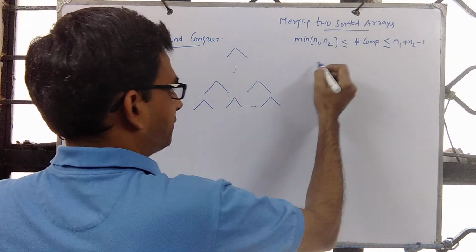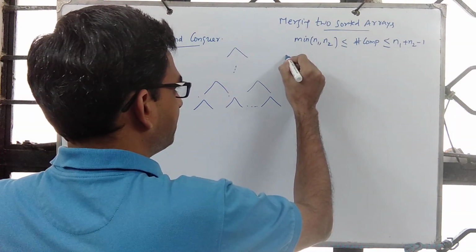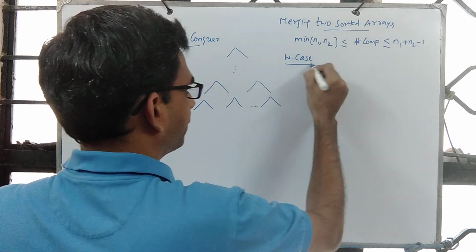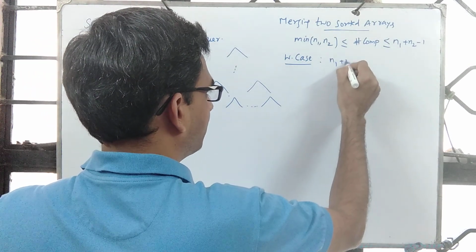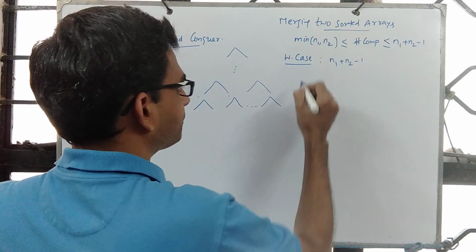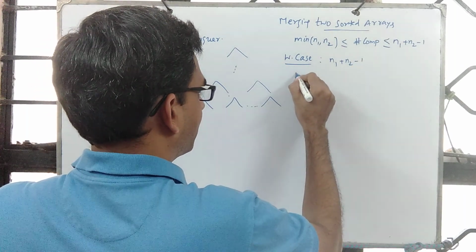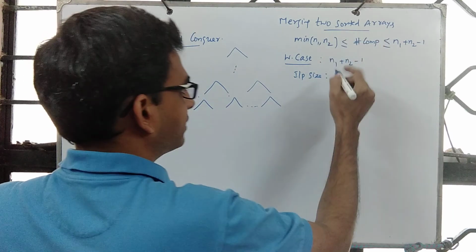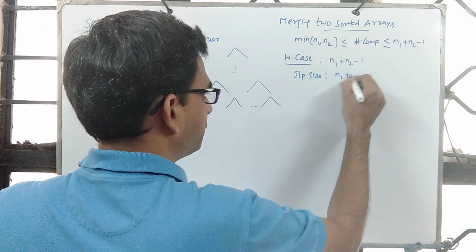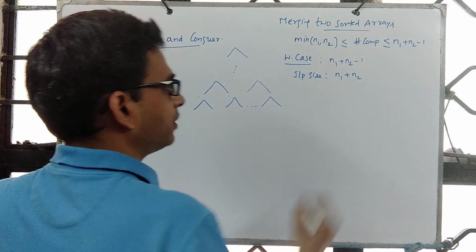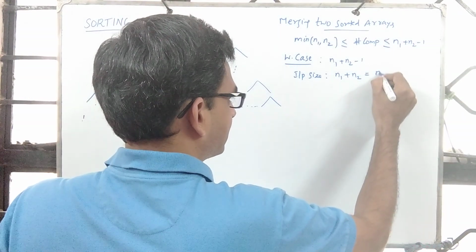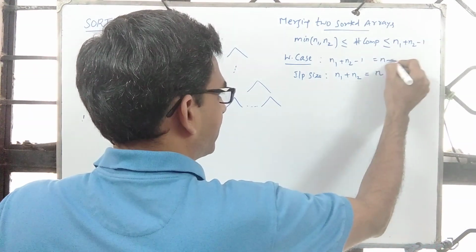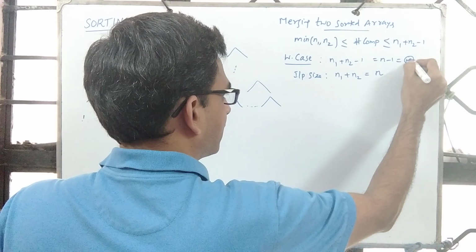One can look at it this way. The worst case analysis is n1 plus n2 minus 1, and the input size is, you are given two sorted arrays of size n1 and n2, which means input size is n1 plus n2, which let me call it say n, and which means this one is n minus 1 and it is theta of n.